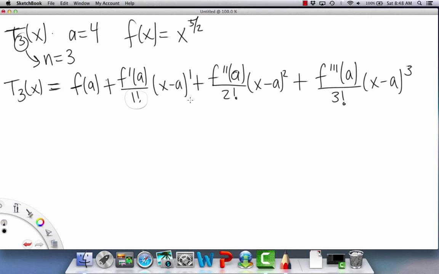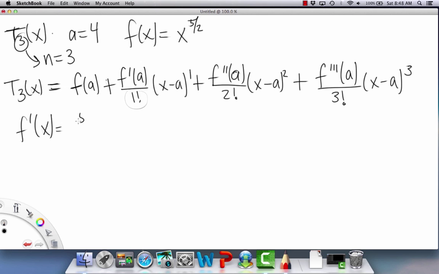So, the tricky thing now, because we know our a is 4, so we can just plug in a wherever we see it. We're just going to leave the x's. That's going to be in our final formula. Now our problem is finding f of a, f prime of a, f double prime of a, and f triple prime. So let's derive some stuff. So we have our f of x. That's our original function. And then we need the first derivative.